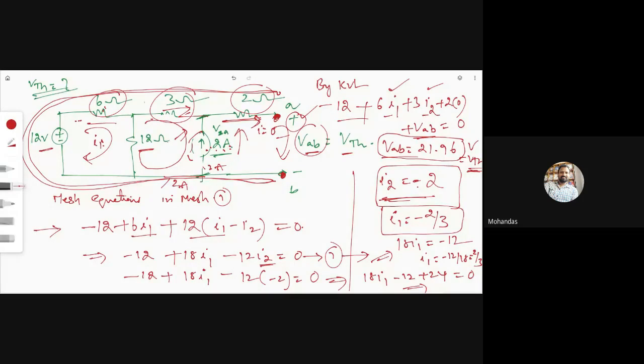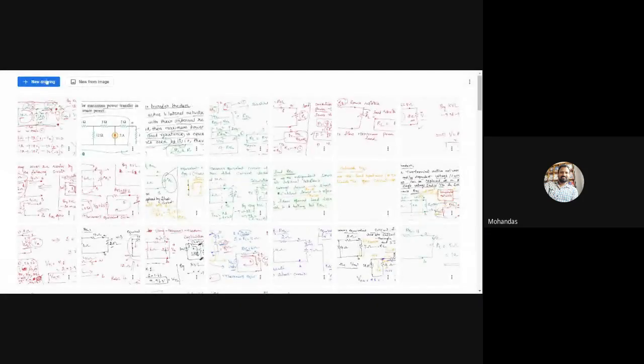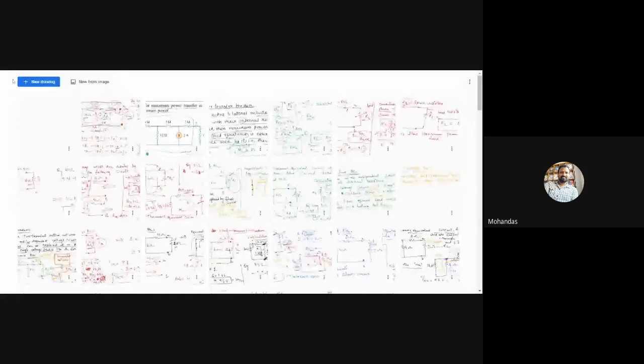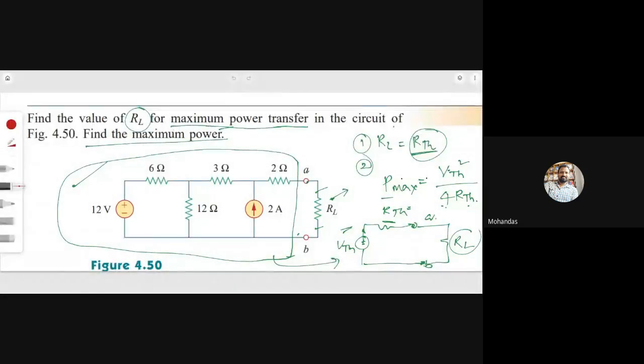Next, RThevenin. How to calculate RThevenin here? Let us take the same circuit. What is the procedure? We have to remove the load resistance RL and the sources. The voltage source is replaced by which circuit, open circuit or short circuit?